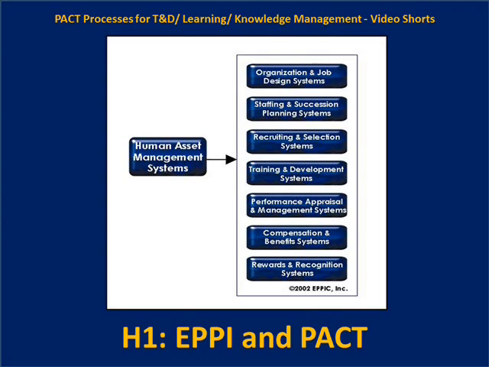Who is responsible for organization and job design and the systems that govern that? Where is staffing and succession planning happening? Is every department doing this on their own, or is there some HR type group that's doing that on behalf of the entire enterprise?